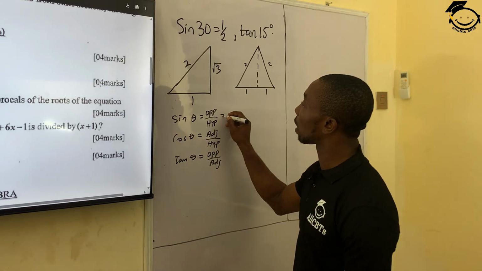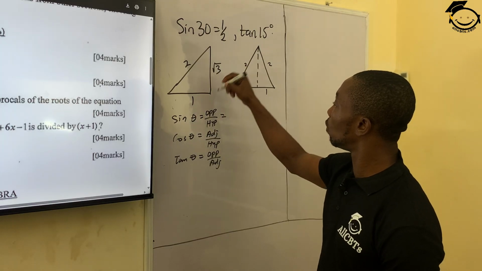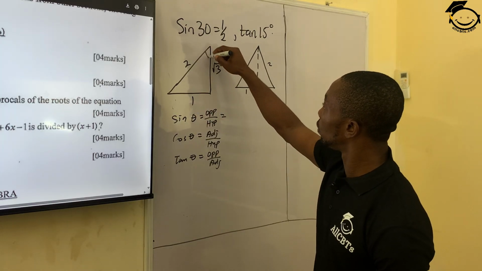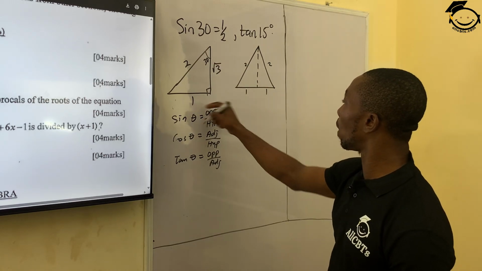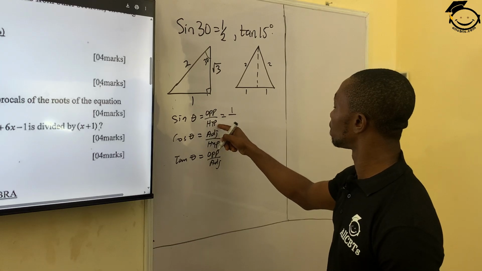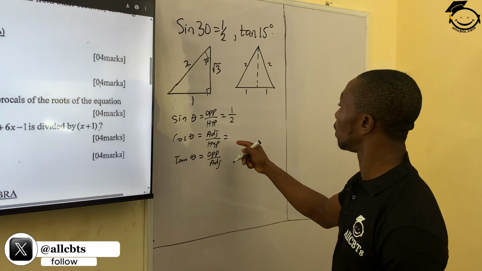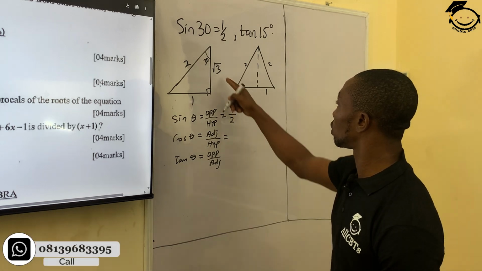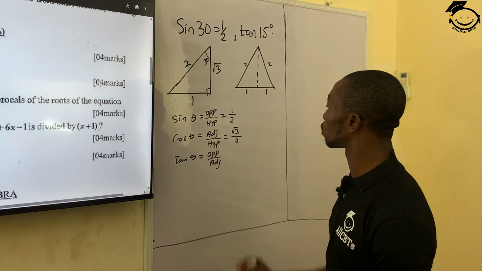Now, since we are given that sine theta equals to half, which is opposite over hypotenuse, this will be our sine 30. So opposite will be 1 all over hypotenuse, which is 2. Our cos theta will be adjacent, which is √3 all over hypotenuse, which is 2.